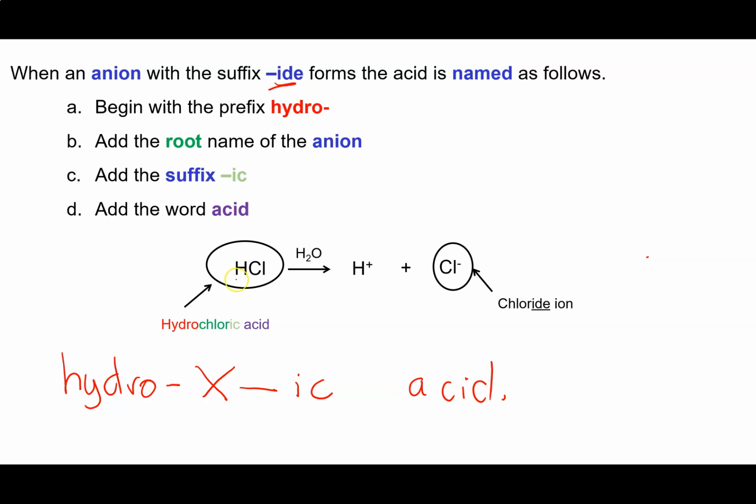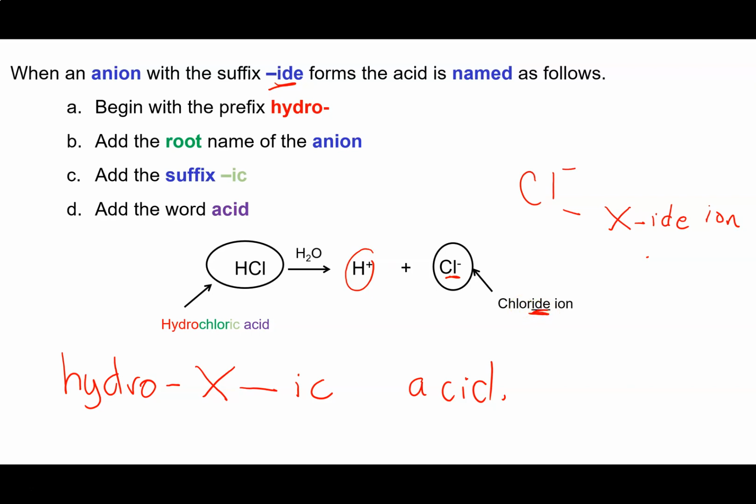So here's what we had previously. HCl dissolves in water, forms H+ and Cl-. Now we recognize that Cl- is a monatomic anion that we name by giving the stem name of the anion, following up with the ending IDE and the word ion. So this is an ide, right?